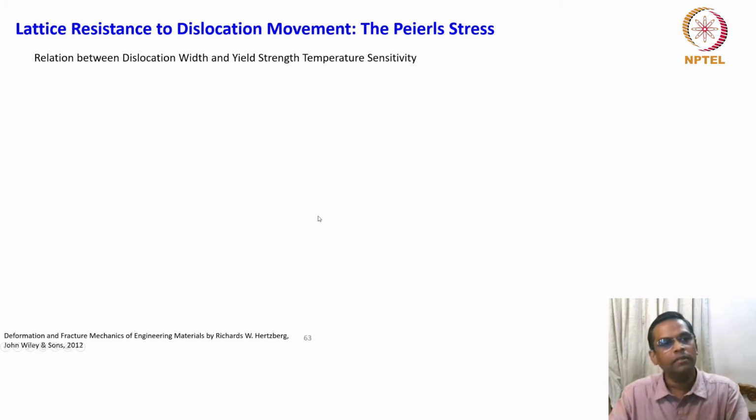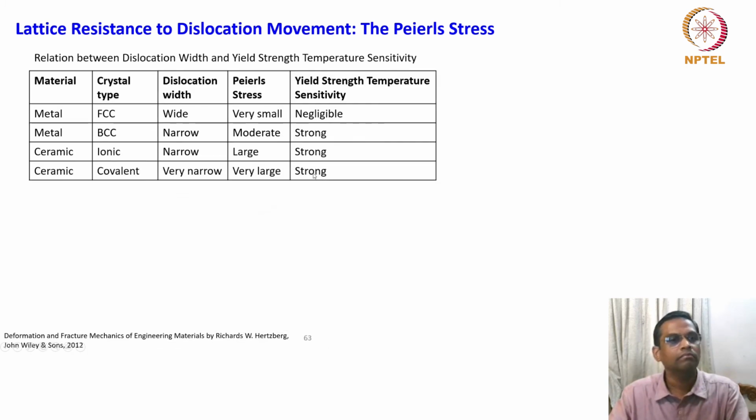On the other hand, if you look at this table, it's quite interesting. The relationship between dislocation width and yield strength temperature sensitivity. You take a metal of crystal type FCC: dislocation width wide, Peierls stress very small, yield strength temperature sensitivity negligible.